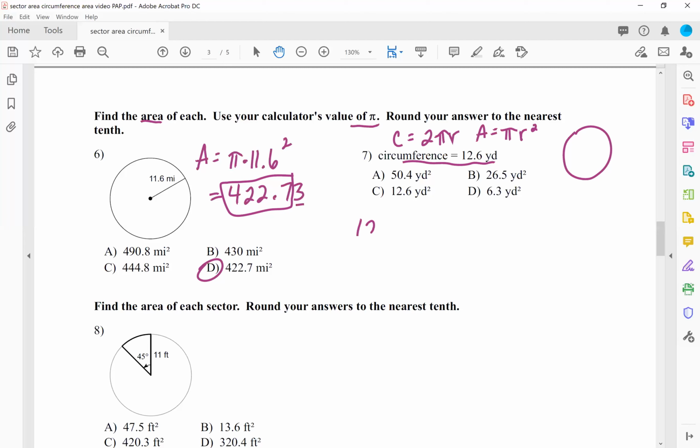So I have 12.6, that's my circumference, equals, now we just put the formula for circumference, 2 pi r. Okay, I need to get r alone. So how do I get rid of these two other things here? I just divide by 2 pi. So divide both sides by 2 pi. And that will give us our radius.